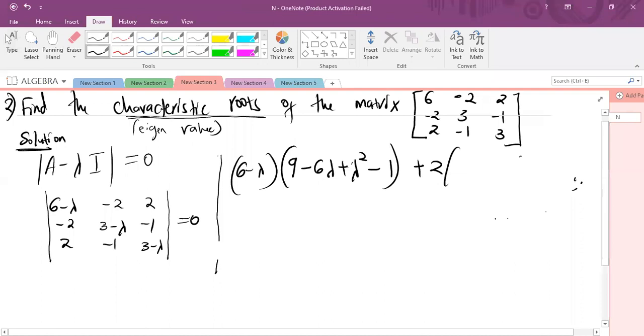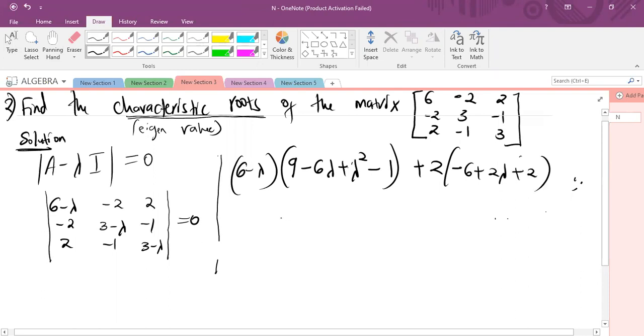Delete the row and column in which this lies in. Then this will give me minus 6 plus 2 lambda. Then minus that will be plus 2. Plus 2.